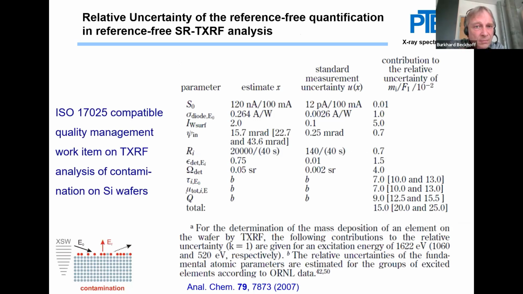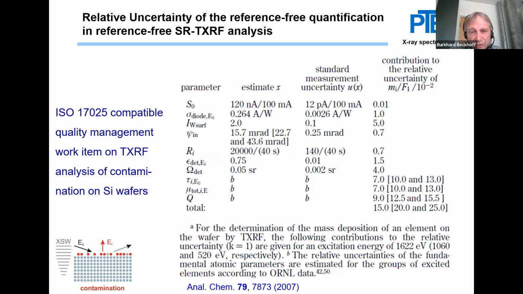These are the uncertainties, or the uncertainty breakdown, the various contributions to the uncertainty of the analytical results that PTB claimed in the very first version of this ISO 17025 compatible quality management work item on TXRF analysis of the contamination on silicon wafers.